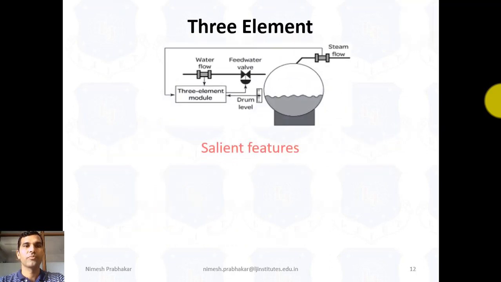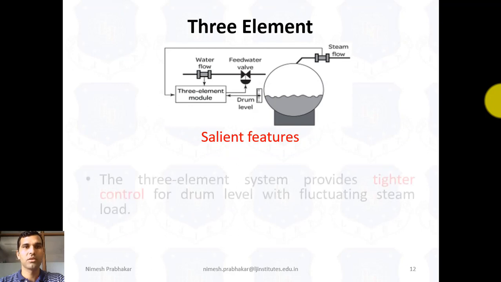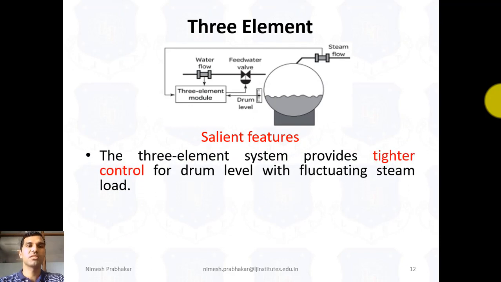Now, salient features of the 3-element control system we see. The first feature is that the 3-element system provides tighter control of drum level with fluctuating steam load. That means if there is a change in the steam flow rate, according to that it immediately changes the feed water valve.